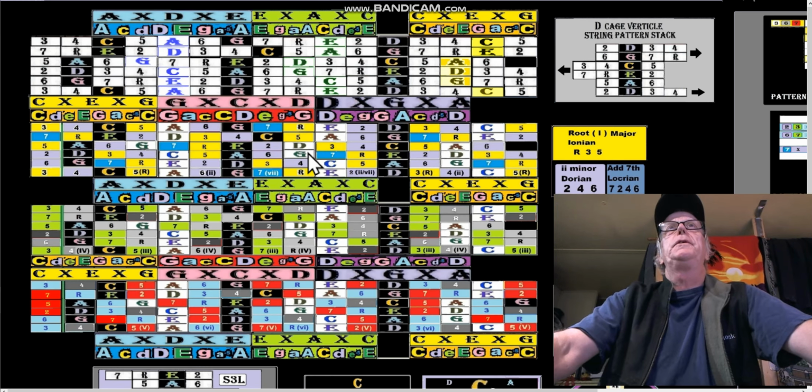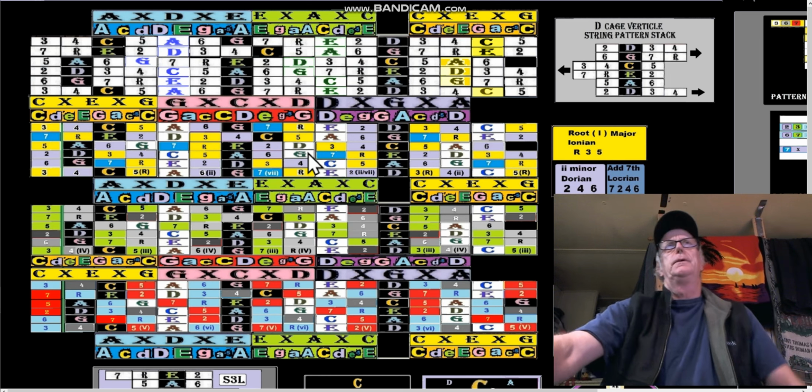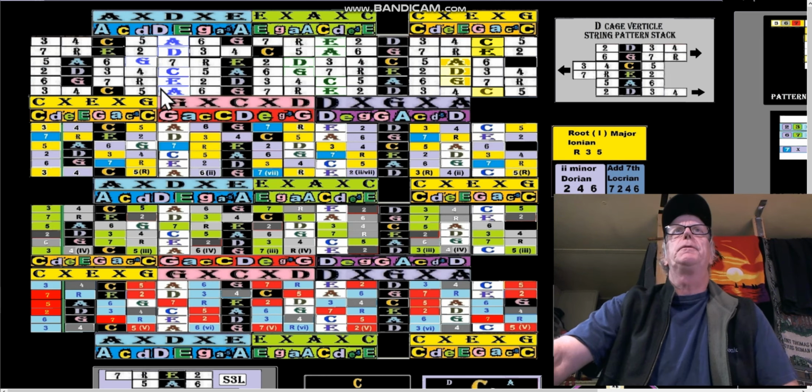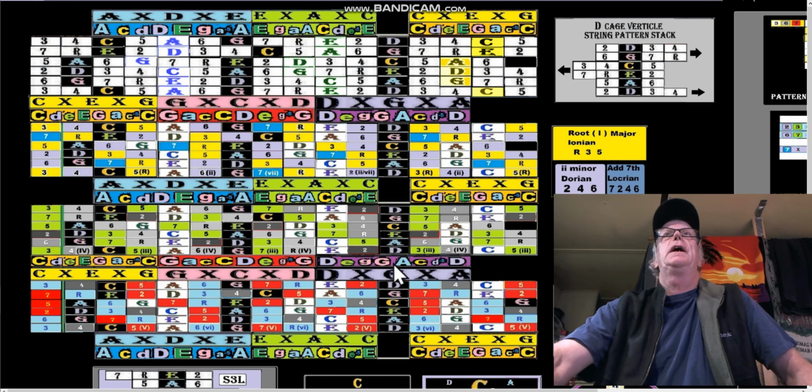Chart 151 that we're going to be looking at today, that I worked on early this morning, came from this chart, which is chart 150, and you can see how jumbled it is.